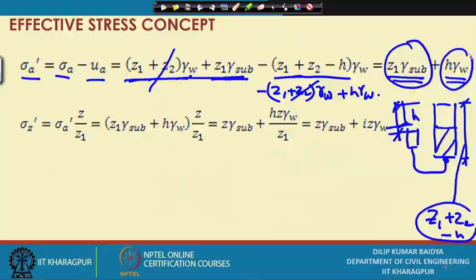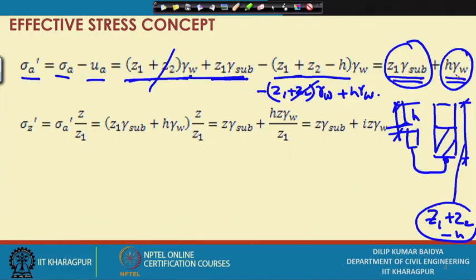Now, when the flow is taking place from the soil in the downward direction, we get an additional term in the effective stress, that is h gamma w. The h is the head loss which causes the flow. Because of this head loss, flow is taking place. So, additionally, this much h into gamma w is coming.